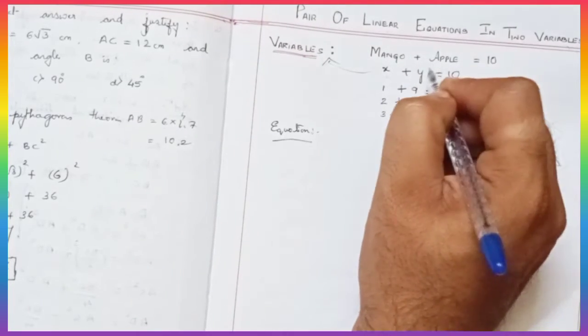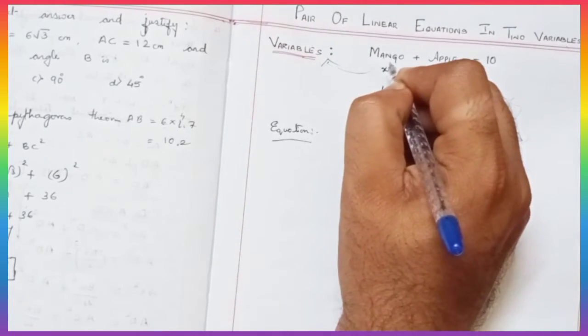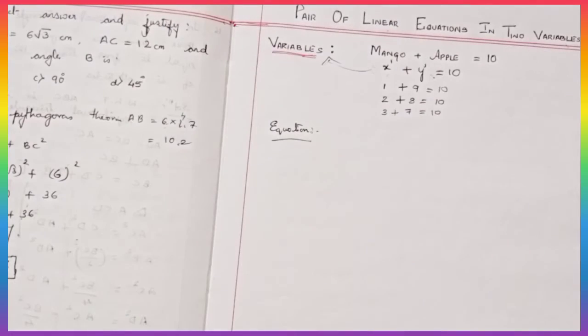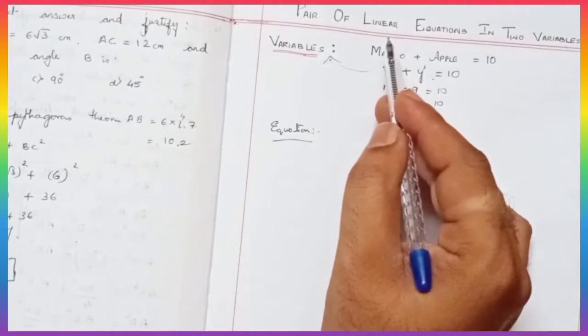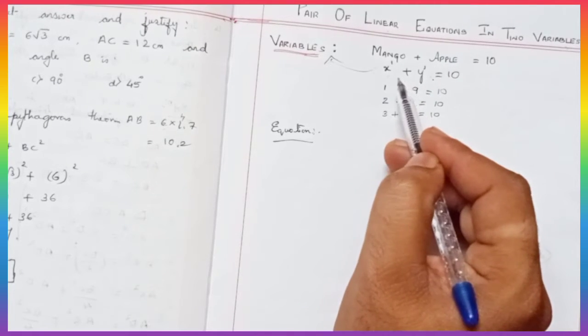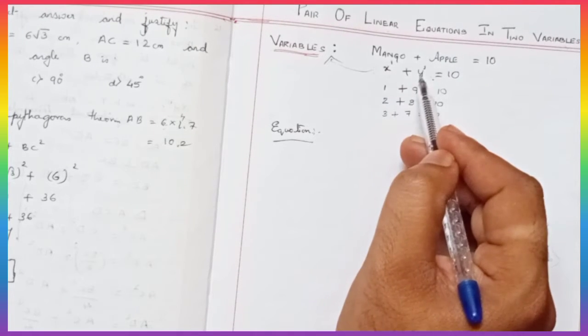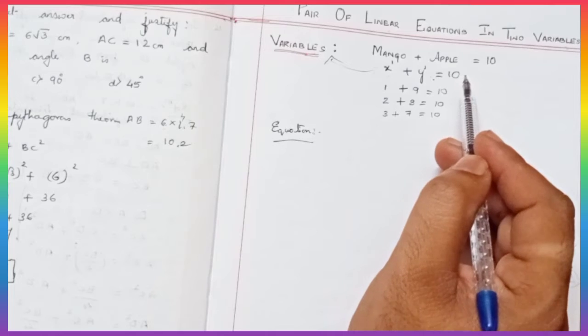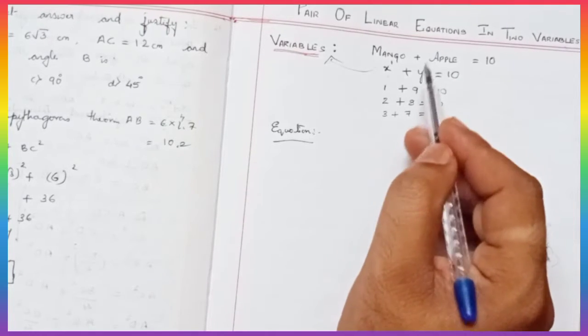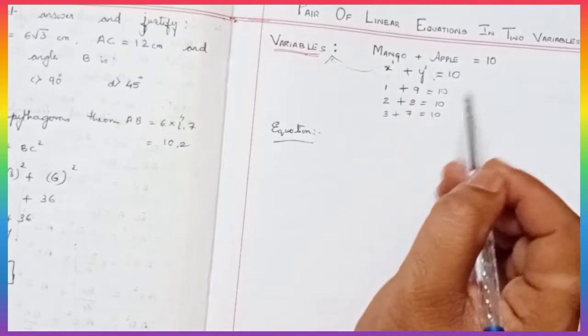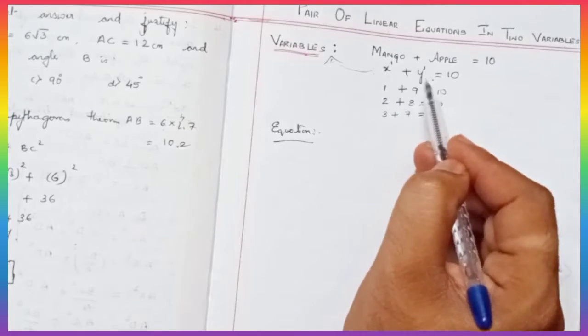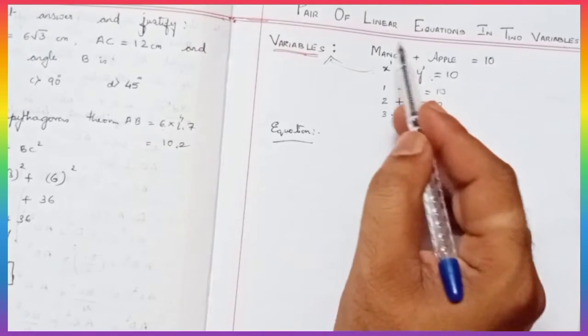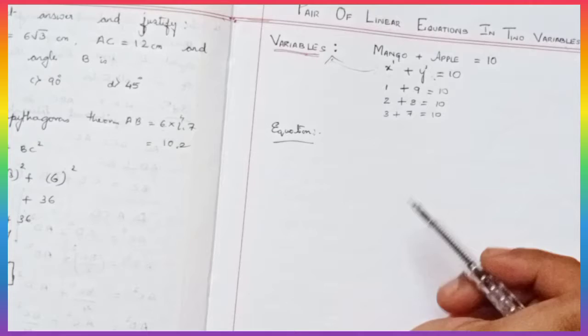If there is no number, it is understood that the power of these variables is 1. So a linear equation means that if the variable's power is equal to 1, then that equation is called a linear equation. If we have two variables, it is a linear equation in two variables.